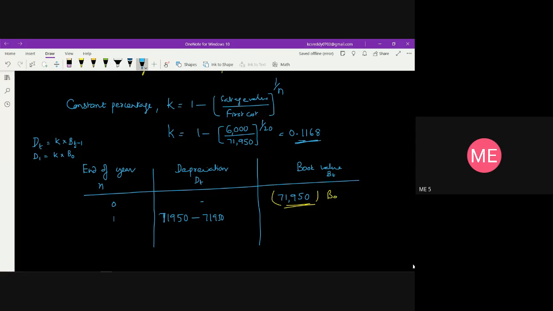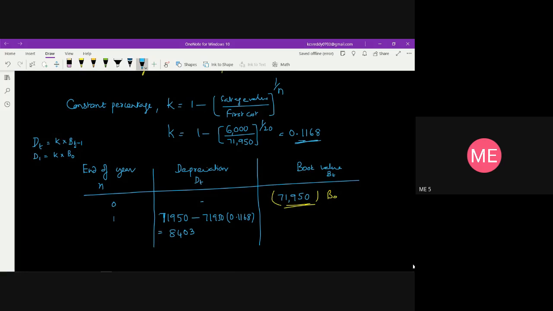71,950 into 0.1168. After calculating the depreciation amount, we need to subtract it from the actual value B naught. So the depreciation amount is going to be 8,403 rupees at the end of the first year.